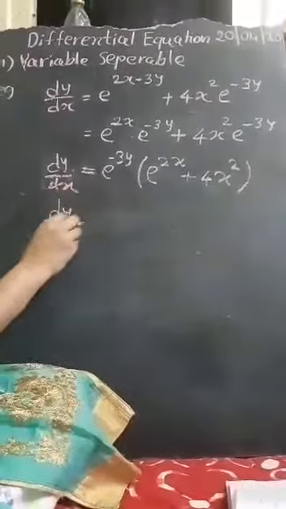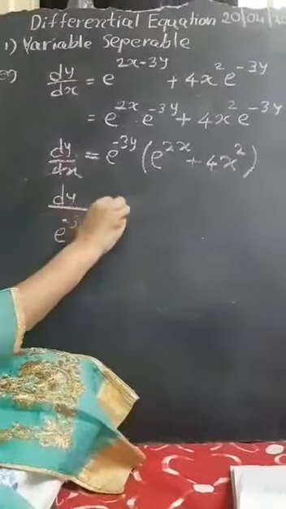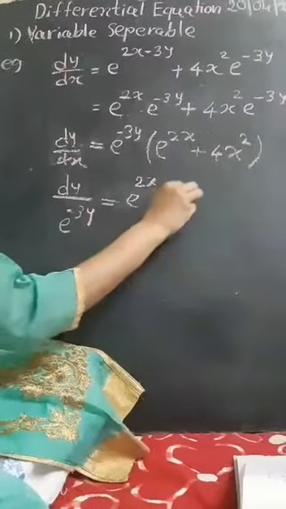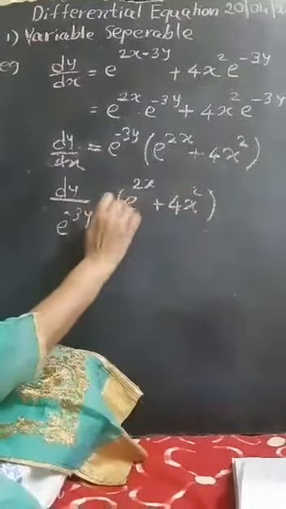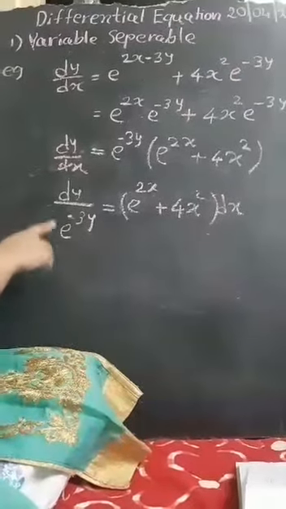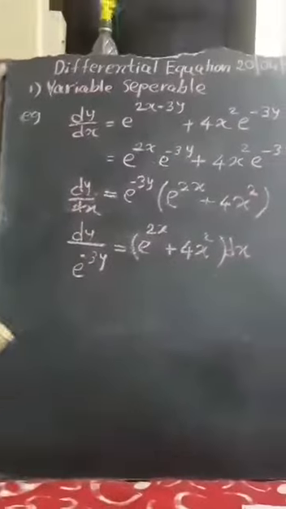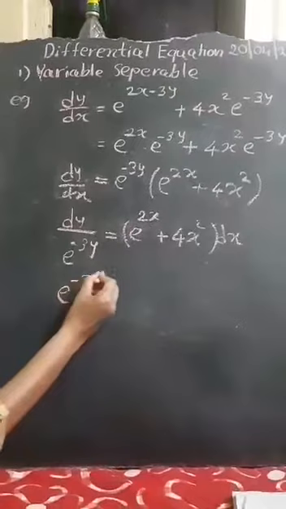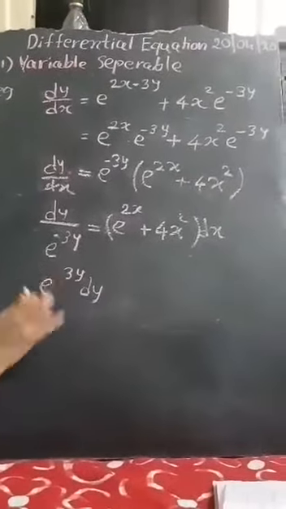I will get dy upon e raised to minus 3y is equal to e raised to 2x plus 4x square into dx. Now 1 upon e raised to minus 3y is what? It is e raised to plus 3y.